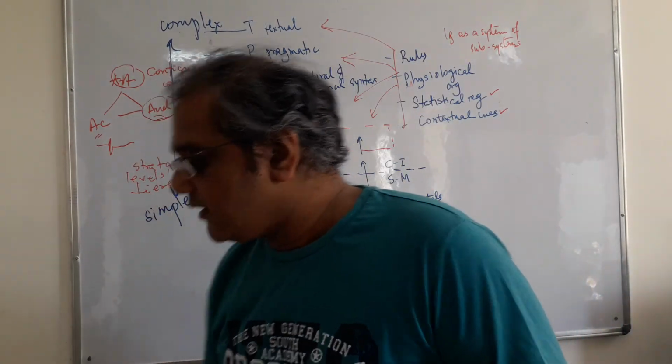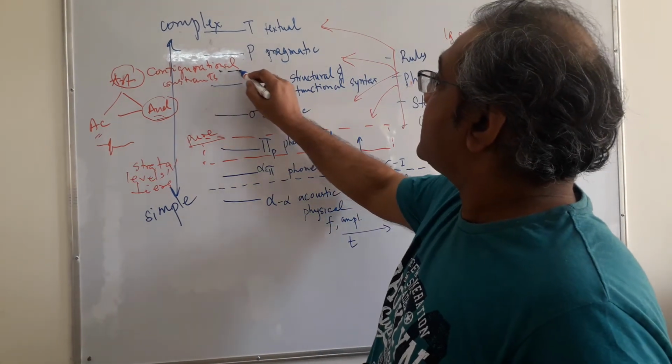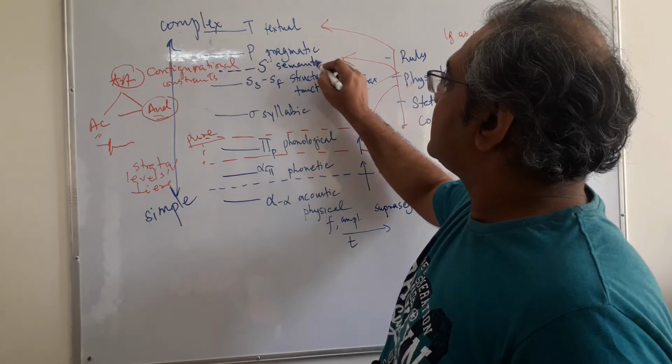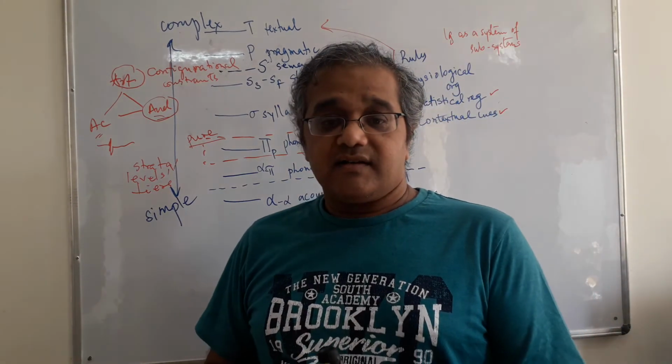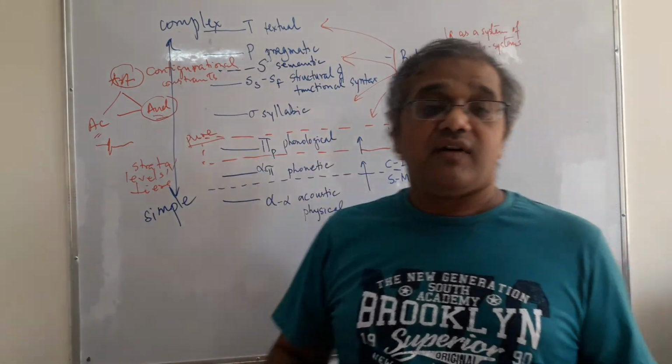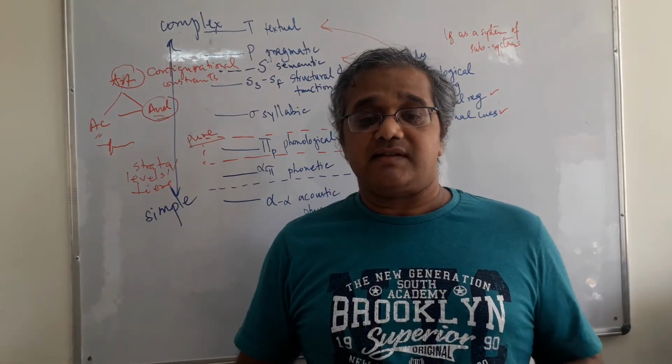So you could have at this level, so there is say a semantic level as well over here. So it may be a very crucial element of how the language is organized.